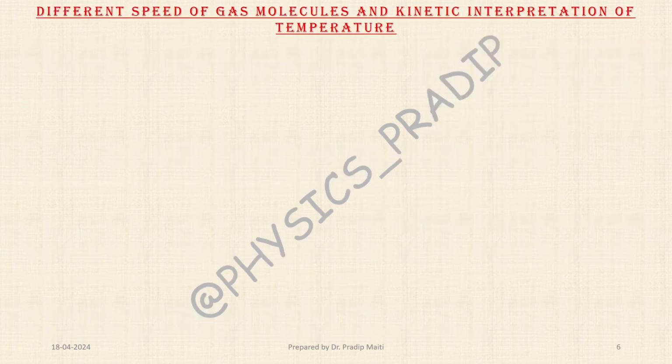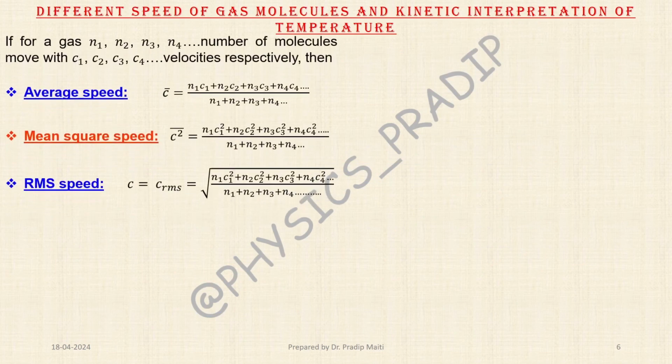So remember this. Now, different speeds of gas molecules and kinetic interpretation of temperature. If there are n1, n2, n3 numbers of molecules and they have speeds c1, c2, c3, etc. respectively, then the average speed is given by C average equals n1 c1 plus n2 c2 plus n3 c3 divided by the total number of molecules, that is n1 plus n2 plus n3 and so on. And the mean square speed is given by n1 into c1 square plus n2 into c2 square divided by n1 plus n2.